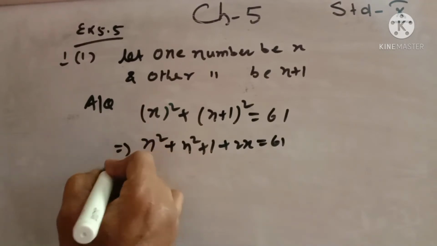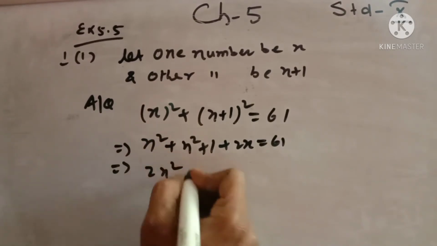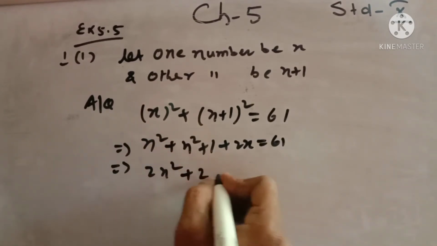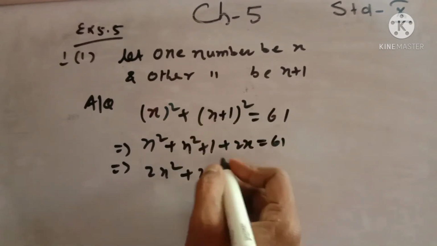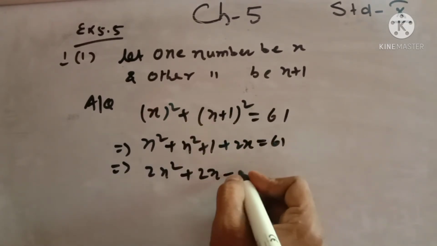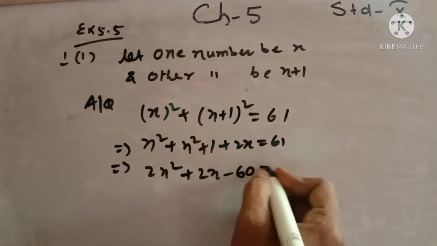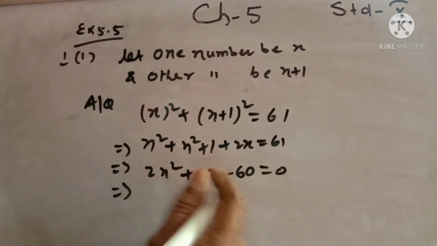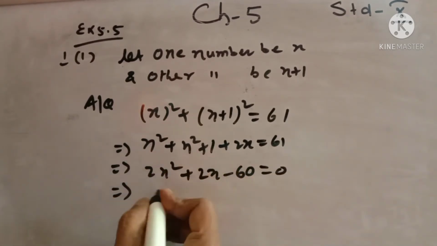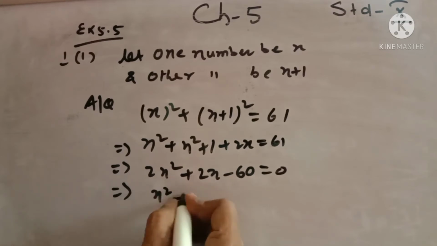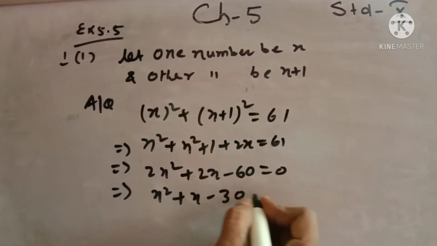x square, now a plus b whole square, x square plus 1 plus 2x equal to 61. This implies that 2x square plus 2x, take 61 this side, minus 61, it will come 60. Okay. Now dividing both the sides by 2, it will come x square plus x minus 30 equal to 0.